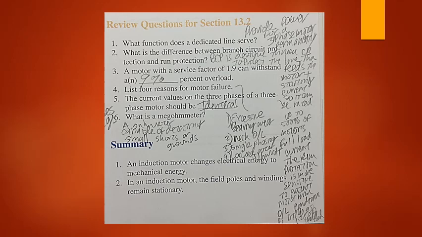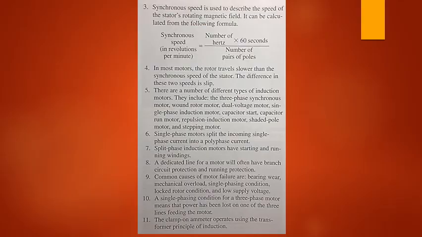Chapter 13 Summary. Number 1, an induction motor changes electrical energy to mechanical energy. Number 2, in an induction motor, the field poles and windings remain stationary. Number 3, synchronous speed is used to describe the speed of a stator's rotating magnetic field.